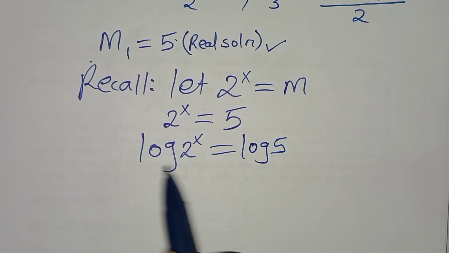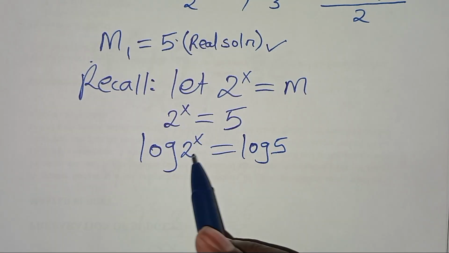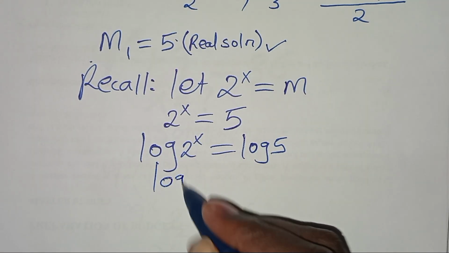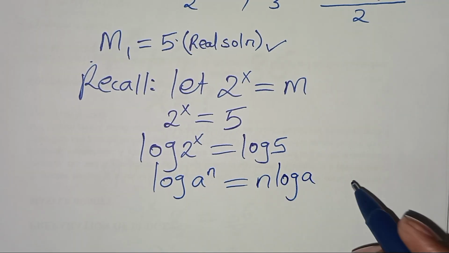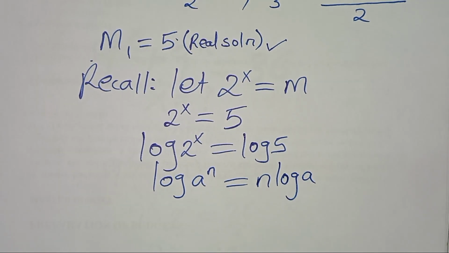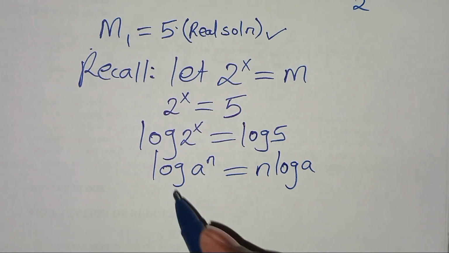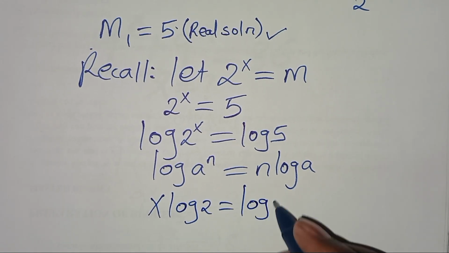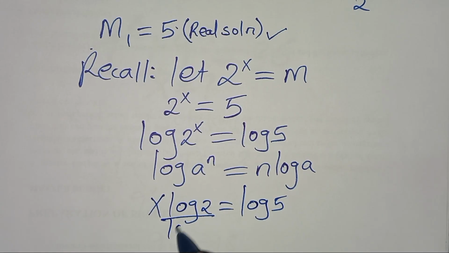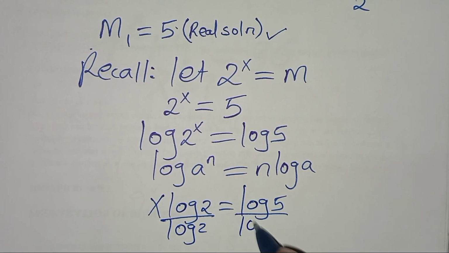Now log 2 to the power x is in the form of log a to the power n, which you can express as n log a. Applying this power rule property, log 2 to the power x becomes x log 2, this is equal to log 5.